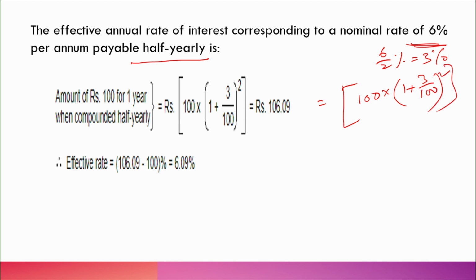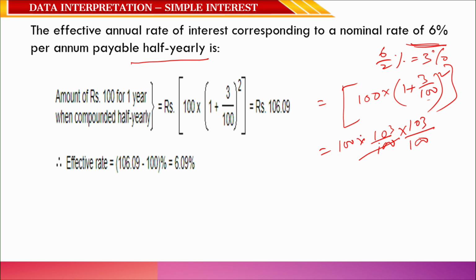Now 100 plus 3 is 103 by 100 of 103 by 100. This 100 and this 100 get cancelled. 103 of 103 means 10,609 by 100.